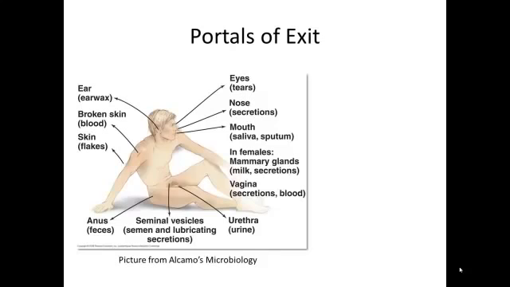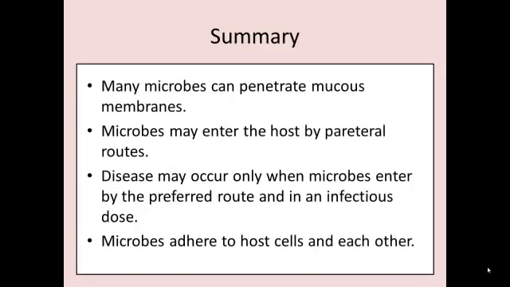Okay, so for example, if you have a gastrointestinal pathogen, it comes in through the mouth and it leaves through the anus, okay, through diarrhea. Sometimes it leaves back out through the mouth through vomiting. Okay, if you've got a respiratory disease, it comes in through the respiratory system, goes out through the respiratory system, you get the idea. So those are portals of exit, the ways that the pathogen leaves the old host and goes to the new host. Alright, that's it for this chapter.